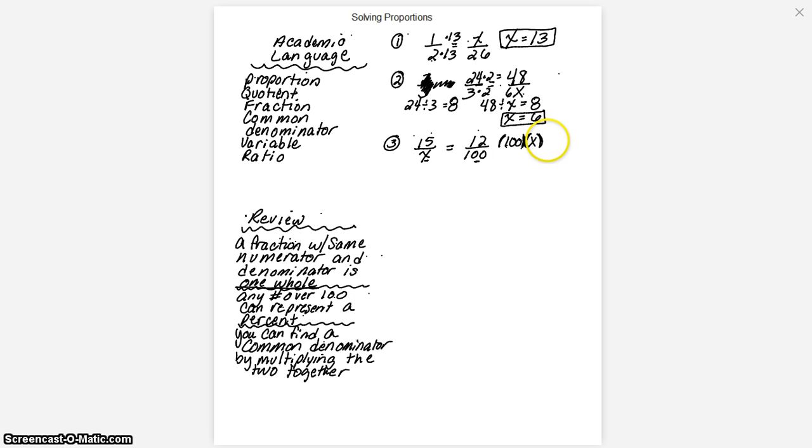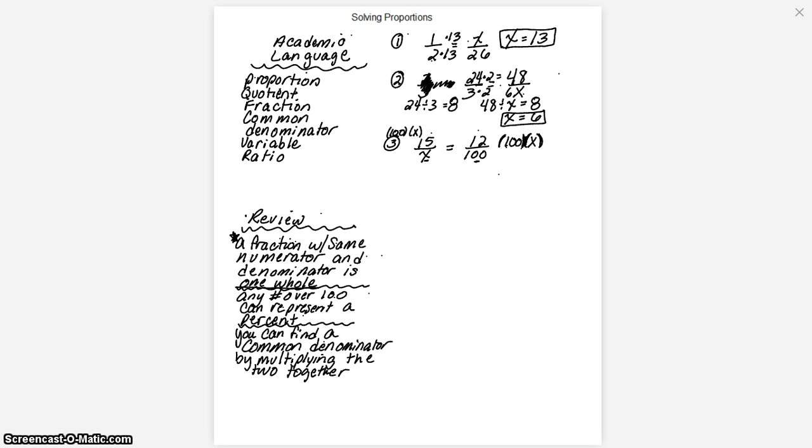So 100 times x on this side, and 100 times x on this side. Okay, multiplying that together, remember the first thing in our review, a fraction with the same numerator and same denominator is just equivalent to a whole, or 1, which means we can cancel it out.